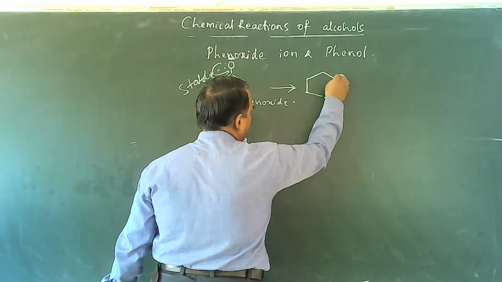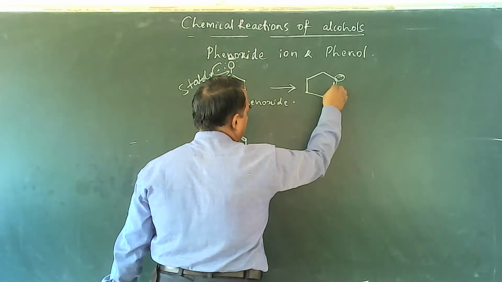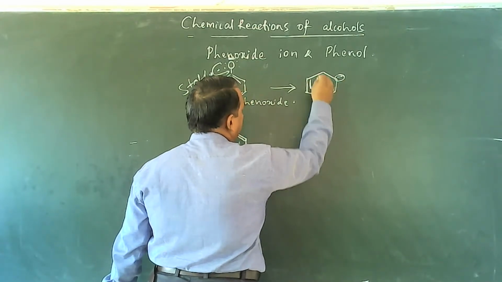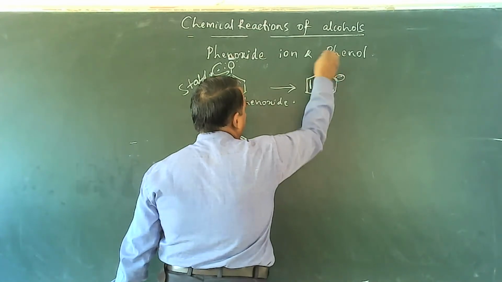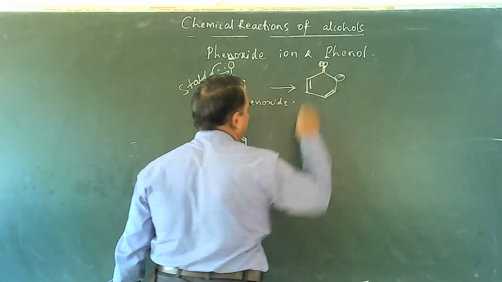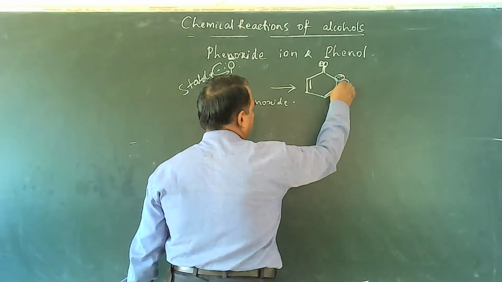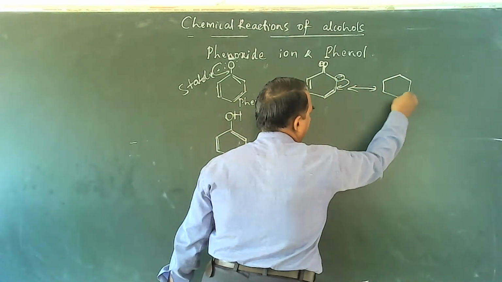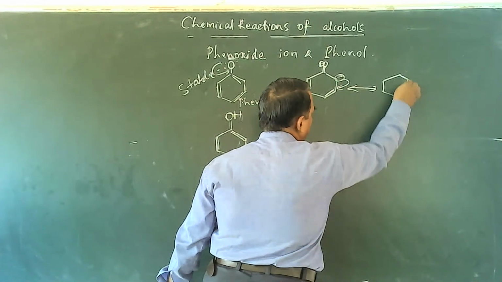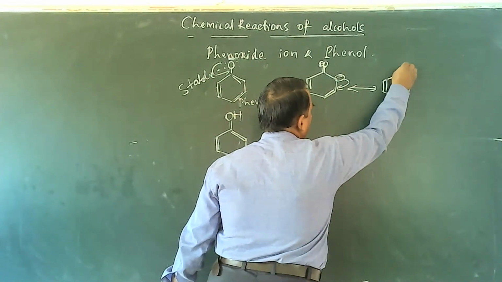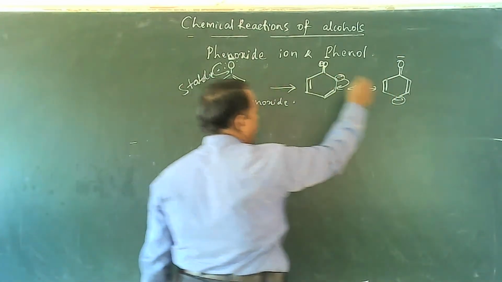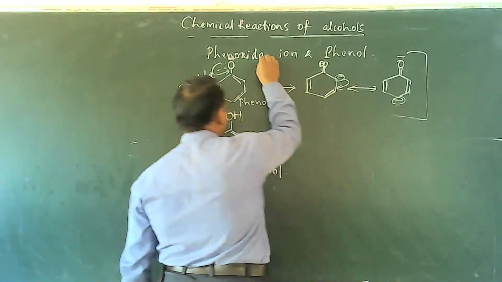Here again minus, and this will become a double bond, with a partial positive. Then it goes here, and another resonance is easy to write, with C2 double bond and O minus. So this is its resonance.